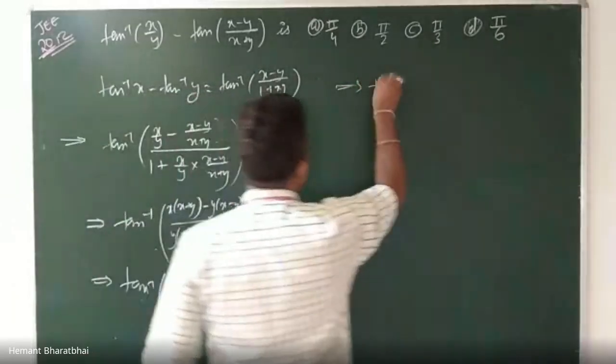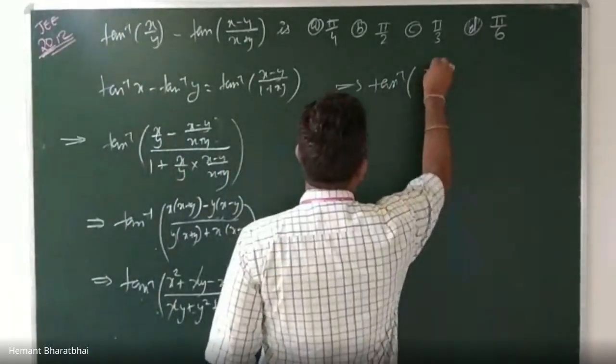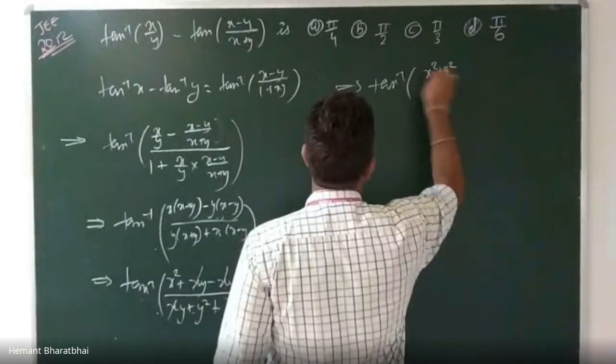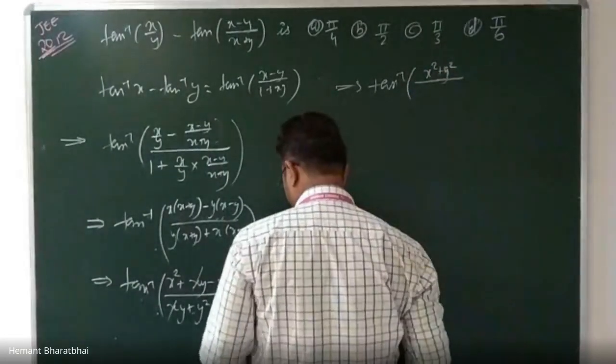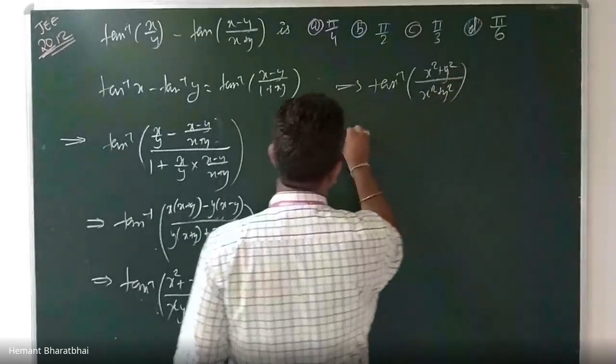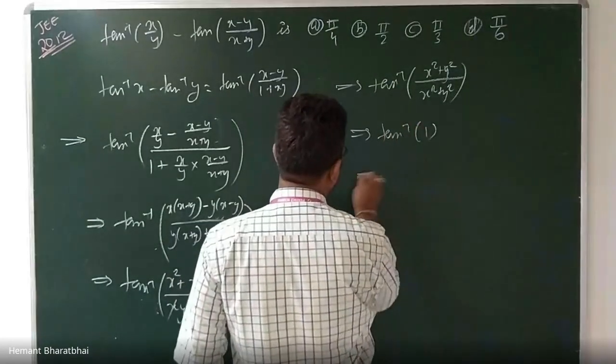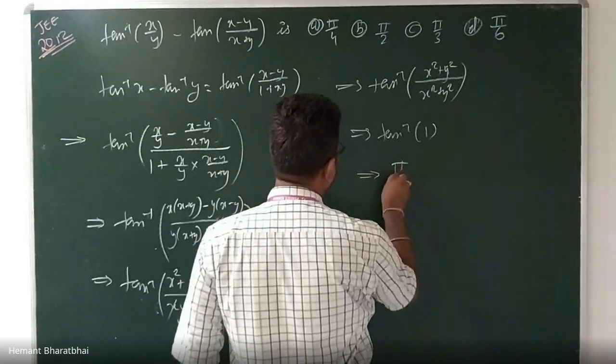So I'll get tan inverse of (x square plus y square) upon (x square plus y square). That becomes tan inverse of 1, which is nothing but pi by 4.